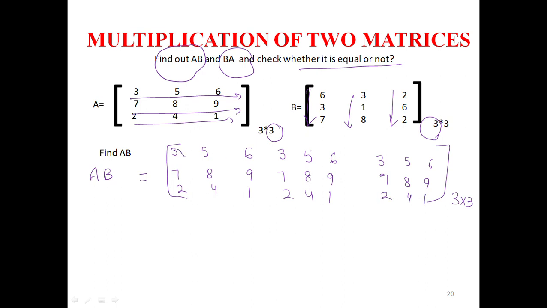Now multiply the first column with the first row: 6, 3, 7, and the first column multiplies all 3 rows: 3, 7, 6, 3, 7. And now the second column multiplies all rows: 3, 1, 8, 3, 1, 8, 3, 1, 8.